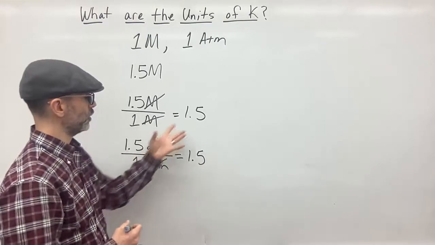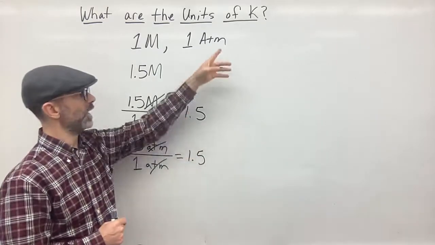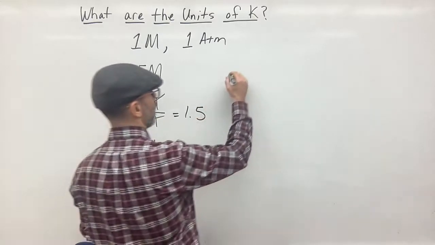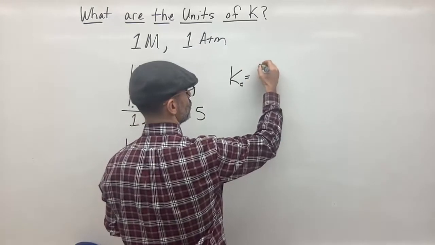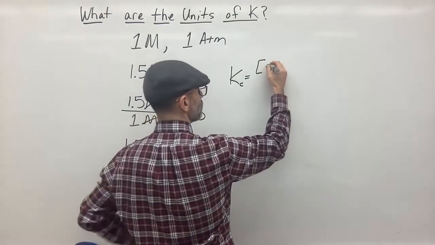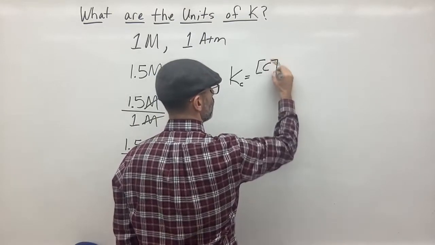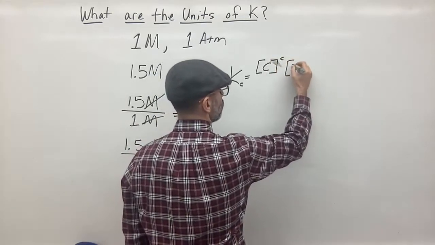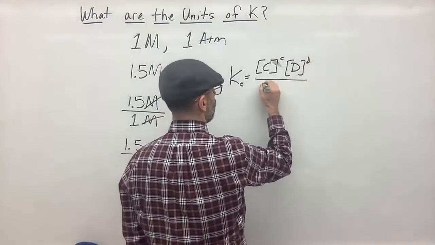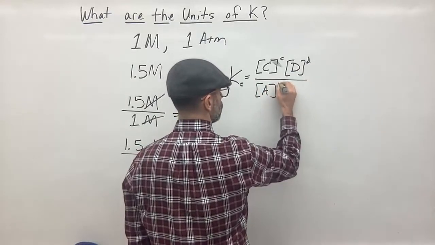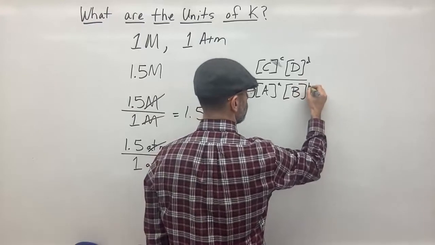So usually you can dispense with the units and put the numbers into the K expression. If you remember, if it's Kc, K is equal to the concentration of C raised to the C power multiplied by the concentration of D raised to the D power, over the concentration of A to the A power multiplied by the concentration of B to the B power.